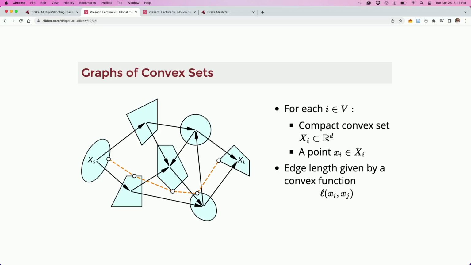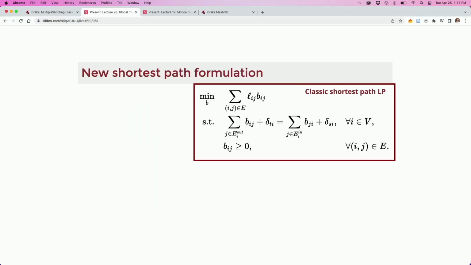You're allowed to have edge costs that are functions of the continuous variables, okay? In this case, the blue regions are the things you're visiting, not the obstacles, okay? So I take this shortest path problem, and this is the way you would typically write it that includes the source and the target. Just have these Dirac deltas to handle those special cases.